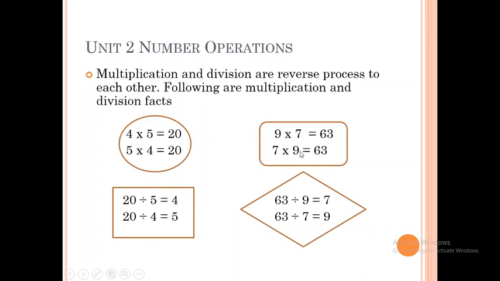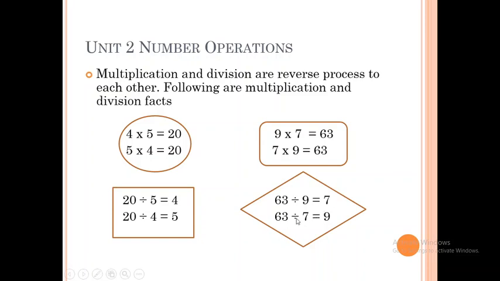Another example is written here. 9 sevens are 63 and 7 nines are 63. It means if you have 2 numbers, you multiply them in any order, you will get the same answer. This is the product, 63 and 63. If you divide the product 63 by 9, you will get 7 as quotient.